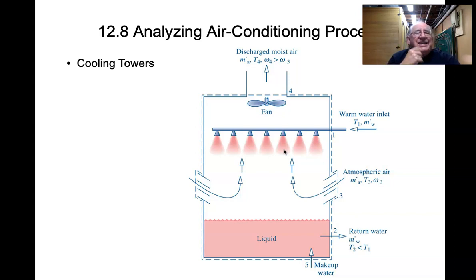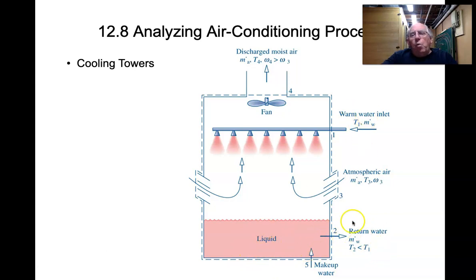It's because the warm water coming in gives up some energy to cause some of it to evaporate and be entrained by the atmospheric air. And when it gives it up, the rest of the warm feed water cools down. So it is a way that we can go from warm feed water to a cooler feed water.